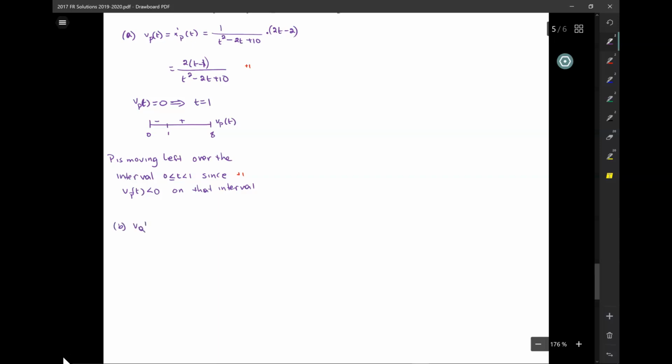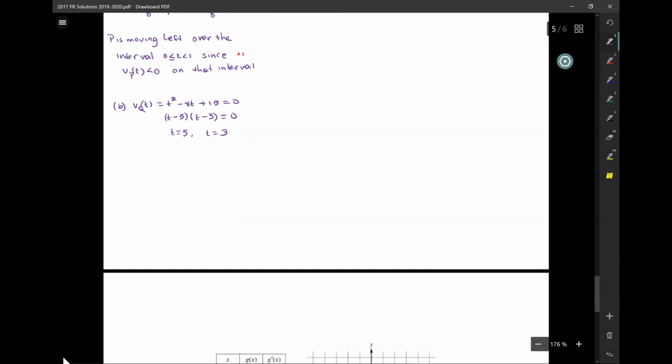Vq of t is equal to t squared minus 8t plus 15. If I set that equal to 0, it's t minus 5, t minus 3. So t is equal to 5, t is equal to 3.